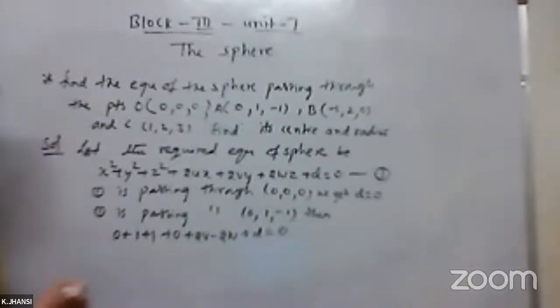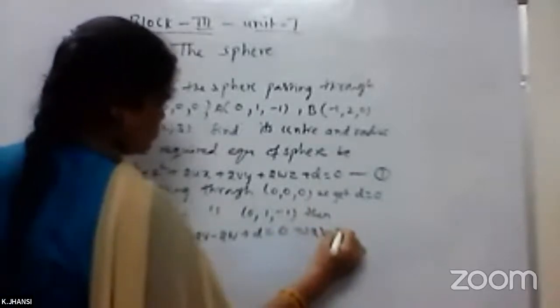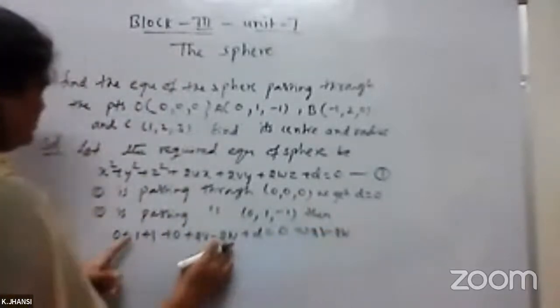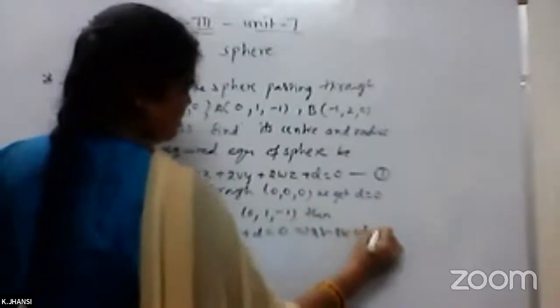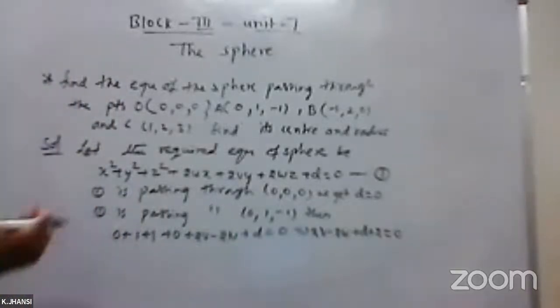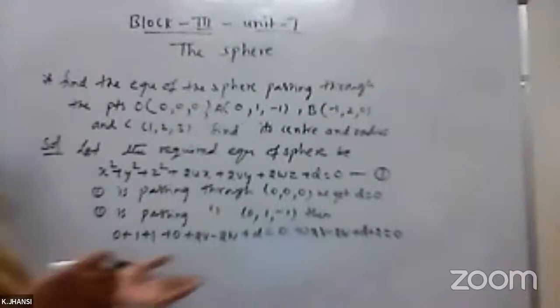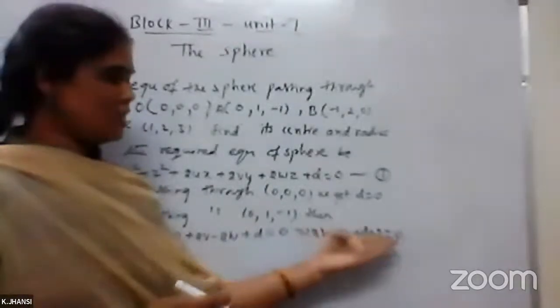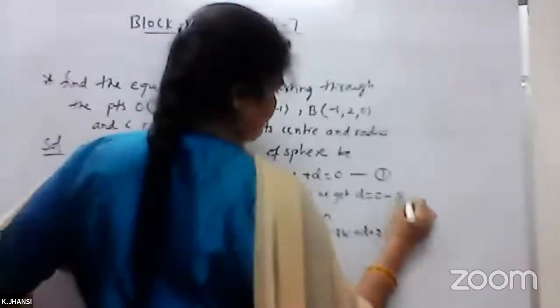If you simplify this, it is 2v minus 2w plus 2 plus d equals to 0. You keep it like that only. This is the second equation.